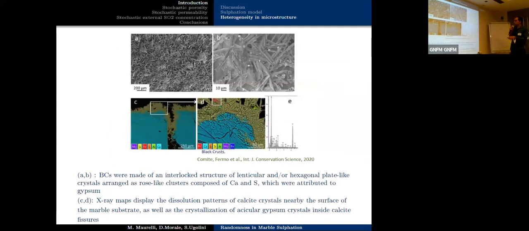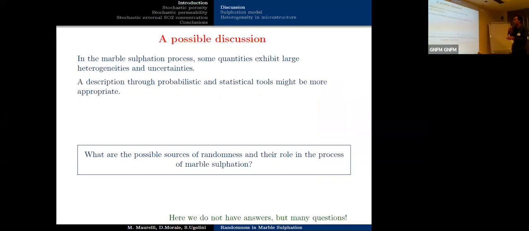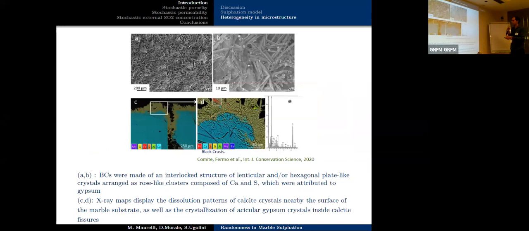Another picture is taken from the paper of Valeria Comite and Paolo Fermo and other authors, and shows both calcium carbonate here in blue and gypsum in this kind of yellow.